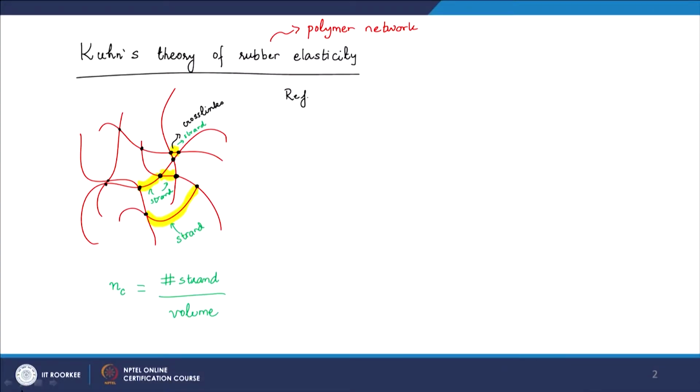We can talk of free energy relative to that reference configuration, and that reference configuration contains all strands as ideal chains. So, we are going to assume the reference has all strands as ideal chains.